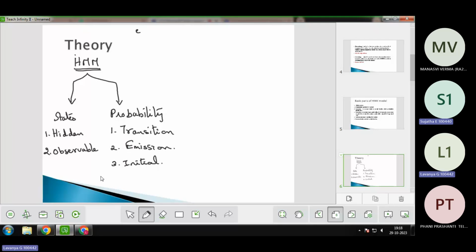Now, how am I going to talk about this in detail? We are going to take a very simple example. Say we are going to categorize whether the day is sunny, rainy or cloudy based upon what a person is wearing.